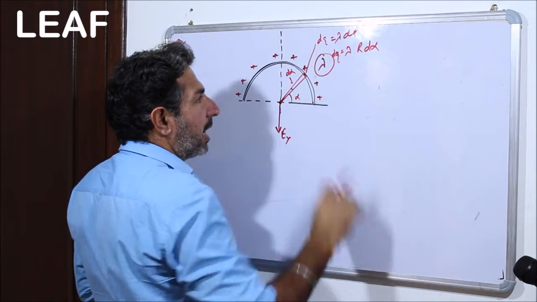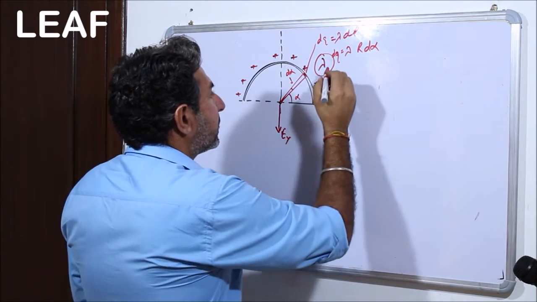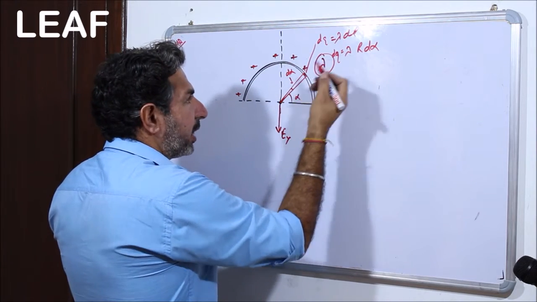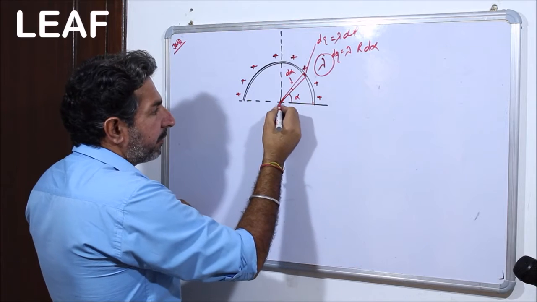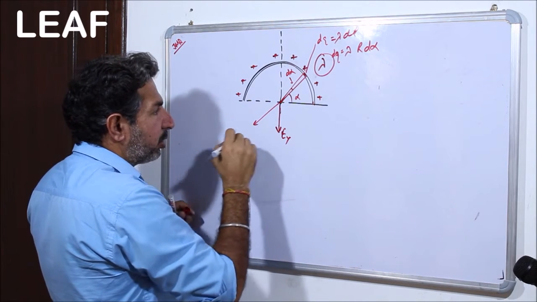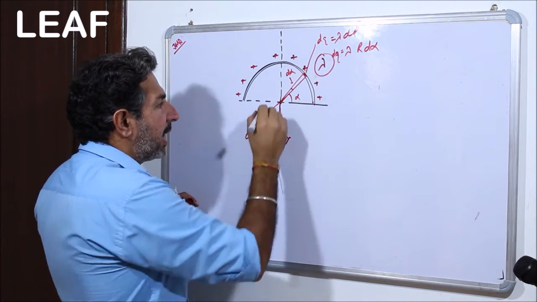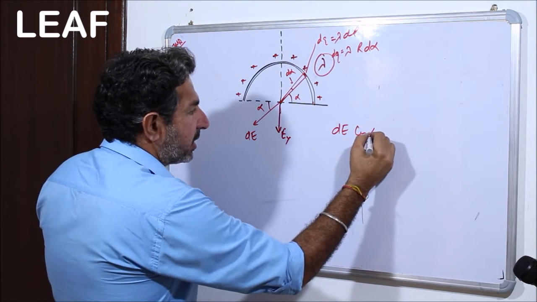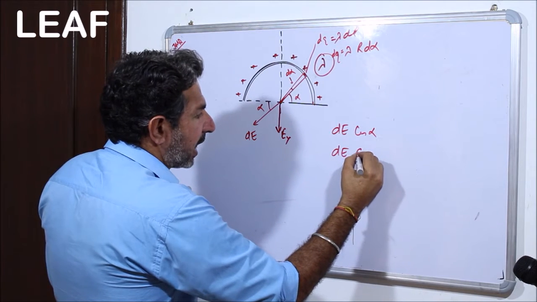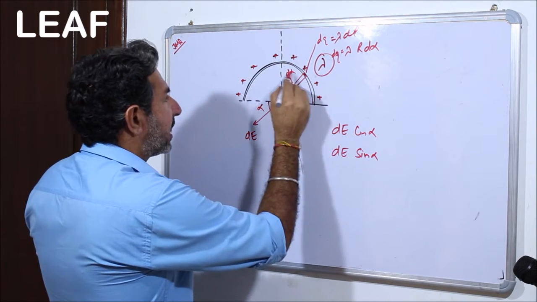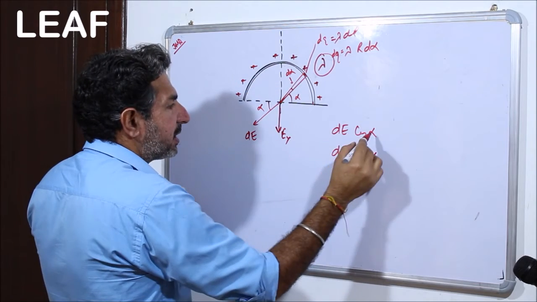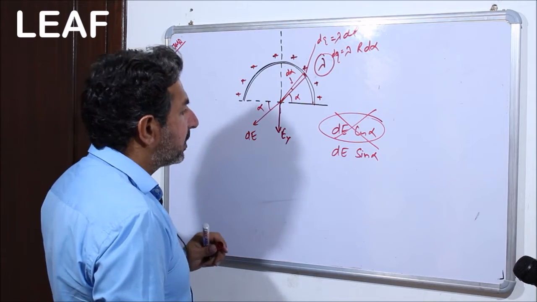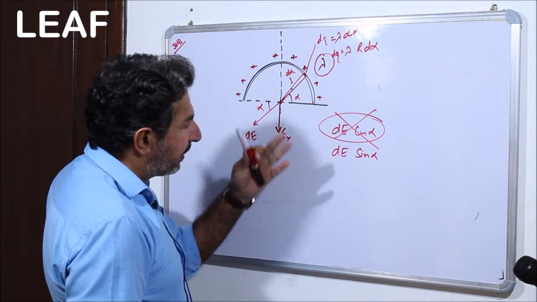So dq is lambda r d alpha. Now if I am going to sort it out in terms of the electric field here, this is going to be the small electric field dE, and this is going to be the angle alpha. So it is dE cos alpha and dE sin alpha, and if the symmetric section is taken here, then obviously the dE cos alpha elements are going to cancel out from the symmetric point of view.